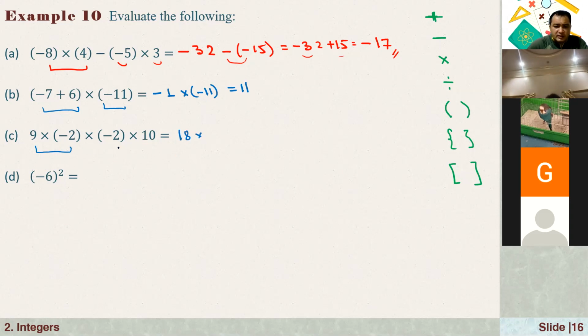Here we have 2 times 10. Now 18 times 2 is 36. Now I have 10, multiply by 10, we just need to put 0 here. How about negative 6 squared? That means negative 6 is multiplied by itself, negative 6. That's equal to minus minus, it is plus 6 times 6, that is 36.